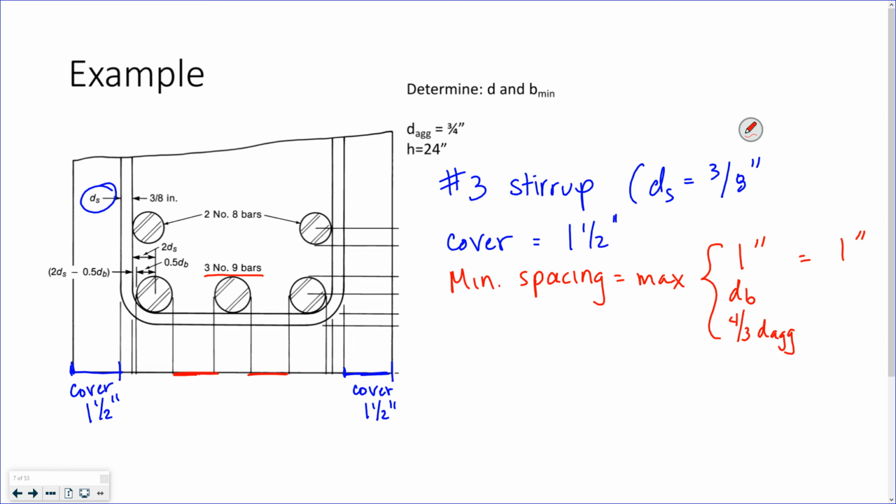So the diameter of my number 9 is 1.128 inches.